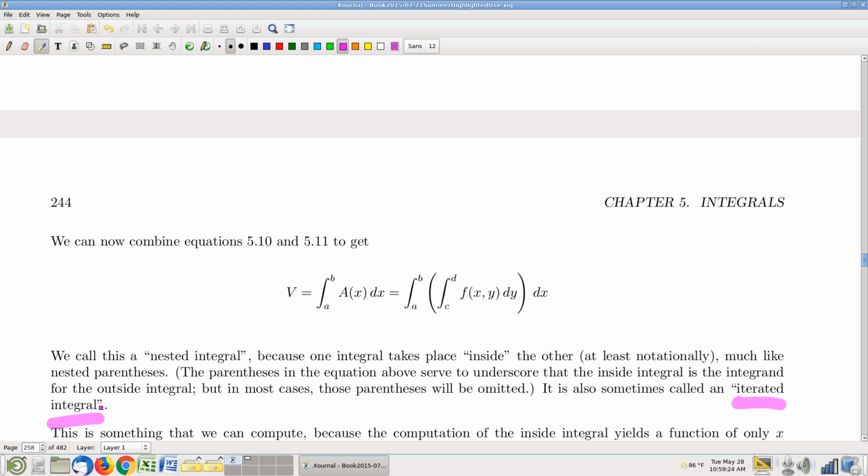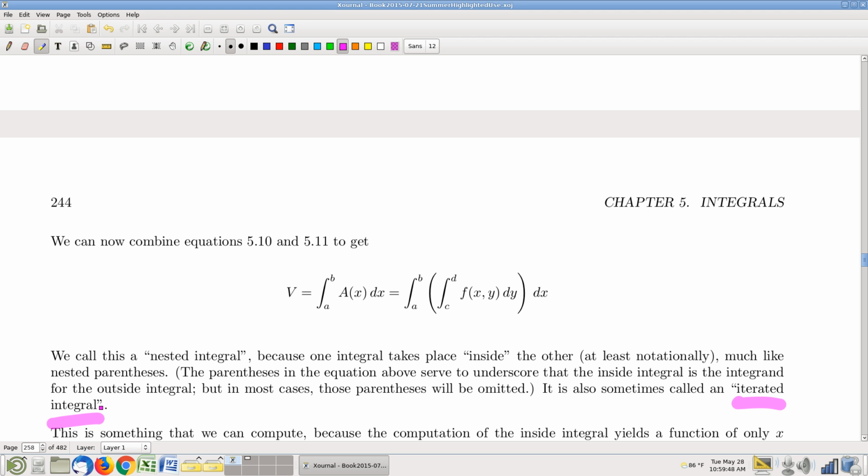And I get that. We've got this f, and we're doing an integral, and then we're going to do another integral. It's like you're iterating the process of integrating. What I don't like about the term iterated integral is it makes it sound like you're doing the same thing twice, and you're really not.